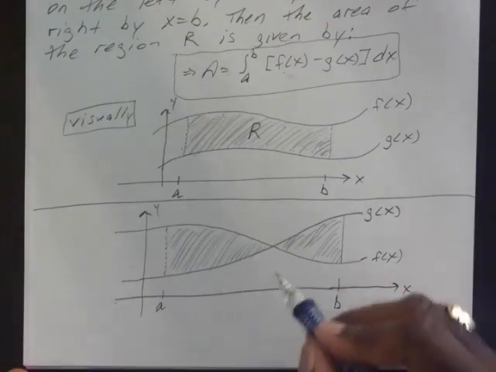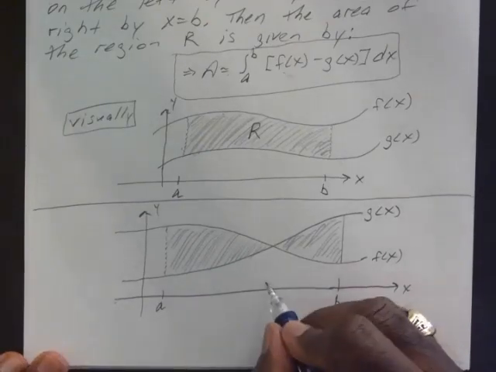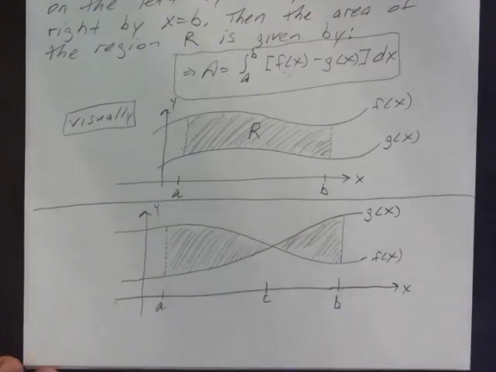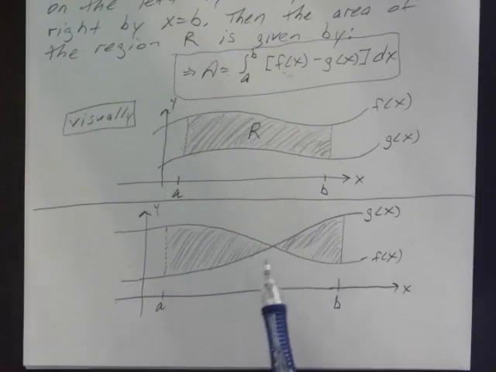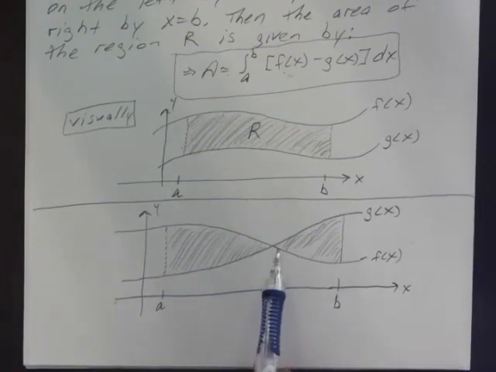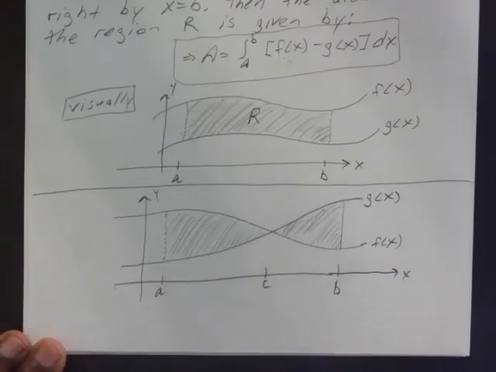Okay, so let's say we know that at some value c is where they intersect. Now, if they intersected outside of the interval, we wouldn't care. But just because the intersection was in the interval, now we have to actually adapt to that.